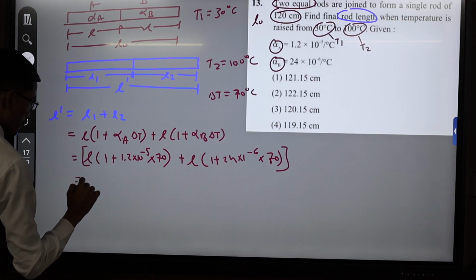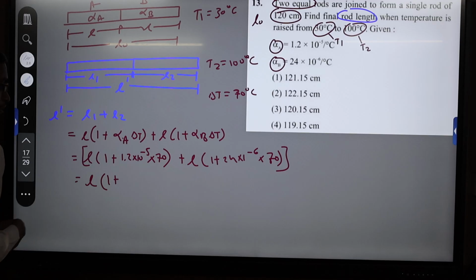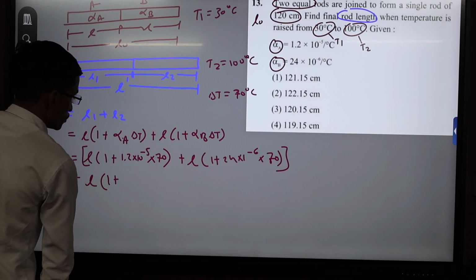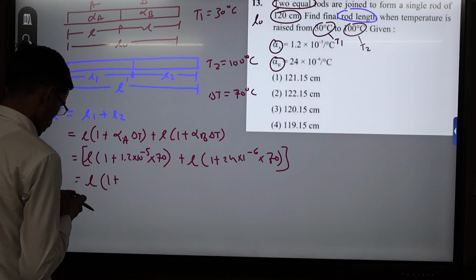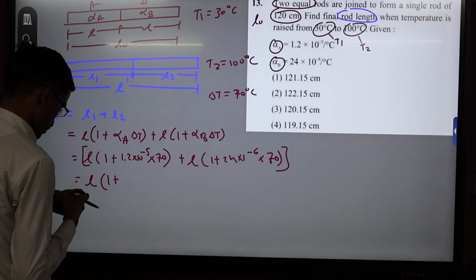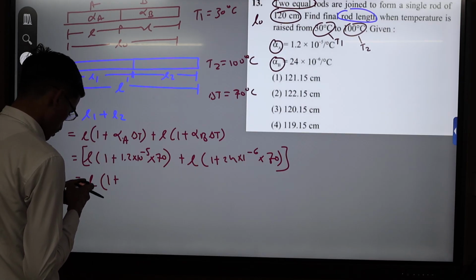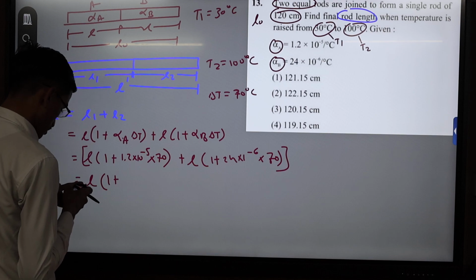So further calculate L into 1 plus 70 into 1.2 divided by 10 raised to 5, plus 1.